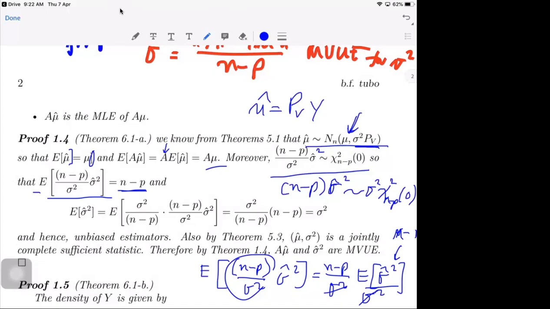So that if we manipulate this, just add these two and then get the expectation of this, which is equal to N minus P, and then you have sigma squared.